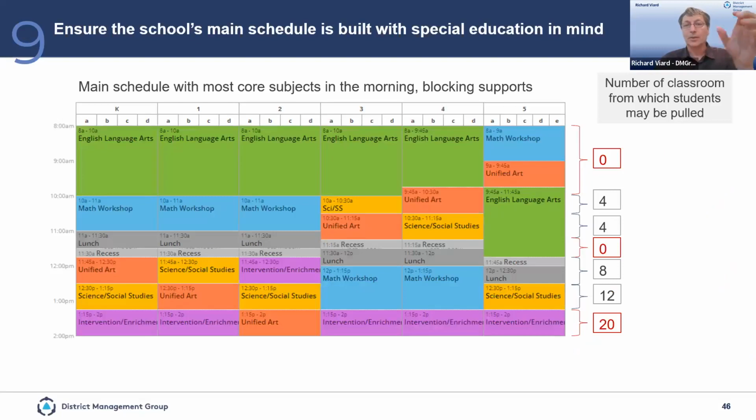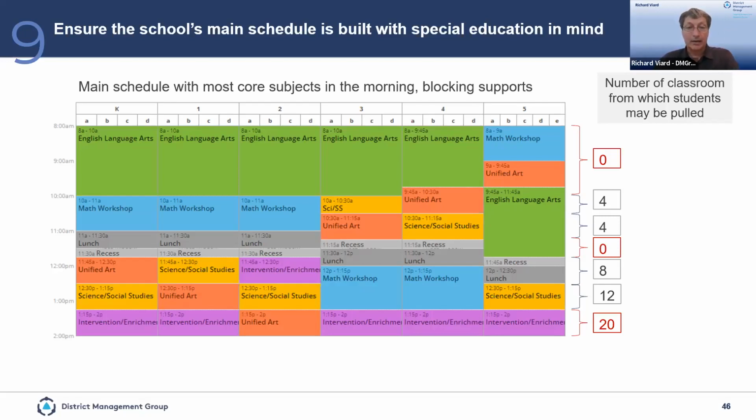So here is an example of those preferred schedules for teachers, where English language arts is taught in the morning at every grade from K to 5, then math, etc., and then other subjects are taught in the afternoon. So for a great part of the morning, what you can see on the right here is you can't pull out anyone from reading, English language arts, and math, and then a little later in the day, 4 classrooms can be pulled out at the same time, so that you might be able to form some groups out of that.